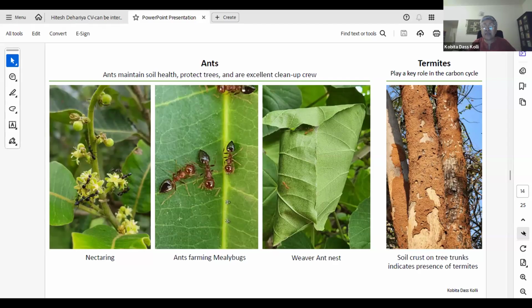Mealybugs are nothing but sucking pests, or maybe some other sucking pests, who put out what is called honeydew. They suck the sap of the plant and they exude honeydew, which attracts these ants.